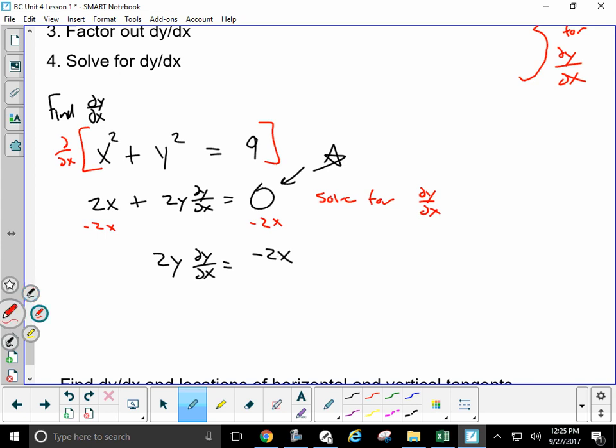What should I do now? Well, go ahead and divide by 2y, because it's being multiplied by dy dx. If you'd like to, you can cancel these 2's, because we're not adding anything here. And we've just discovered what dy dx is equal to.